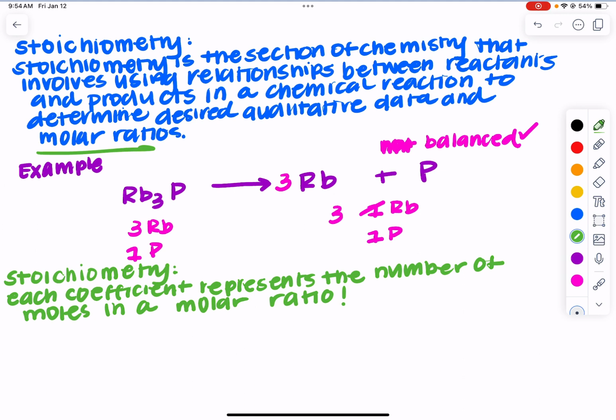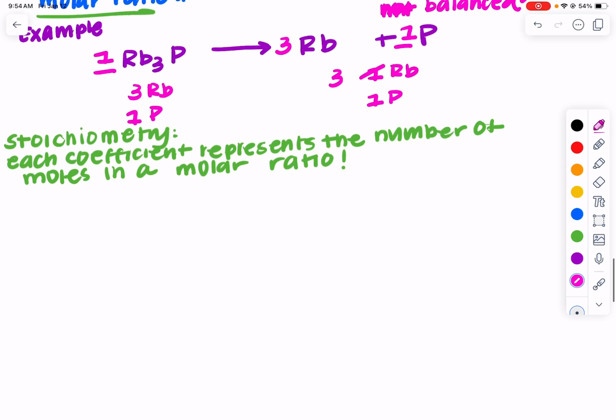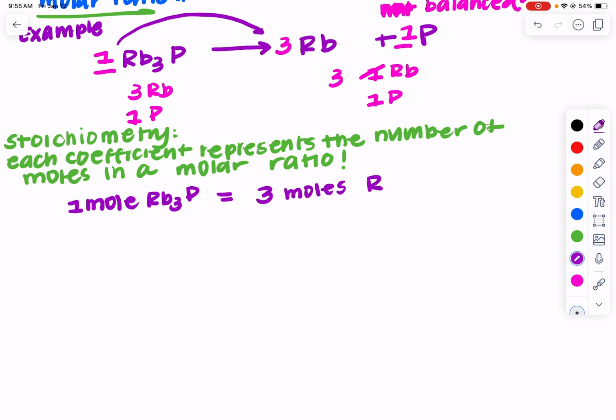So these coefficients here, I'm just going to put a 1 here and a 1 here. This means that 1 mole of Rb3P is equal to, we just use the coefficient, 3 moles of Rb.